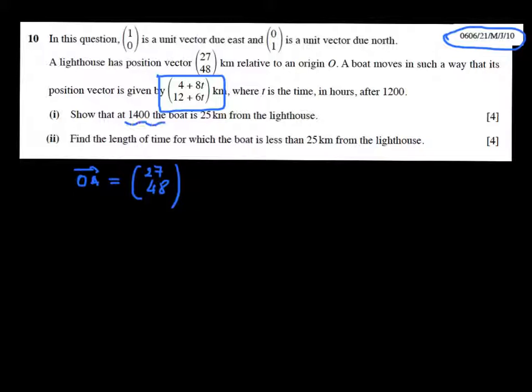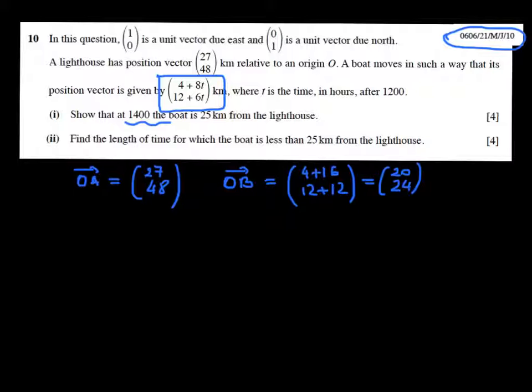So at 2 o'clock, 2 p.m., the boat will be at OB, for t equals 2, equals 4 plus 16, 12 plus 12, giving me 20, 24.